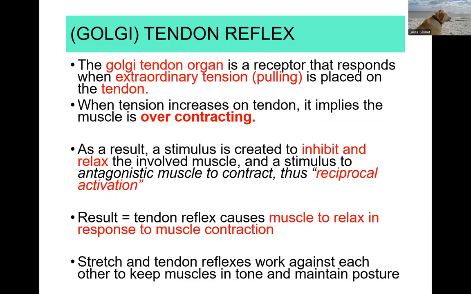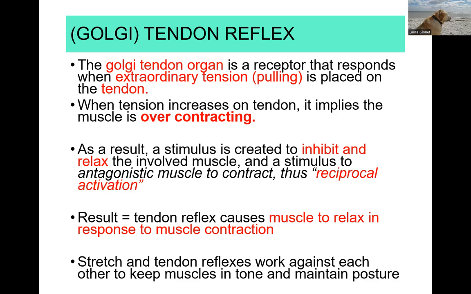But we also have Golgi tendon reflexes. The Golgi tendon organ is a special receptor that responds to extraordinary tension or being stretched, but it's found in the tendons. Remember, the tendons are the ends, like the epimysium of the muscle, that continues as a tendon that attaches the muscle to bones.